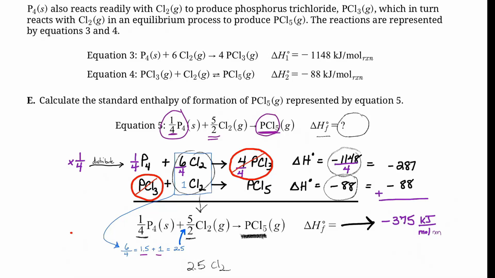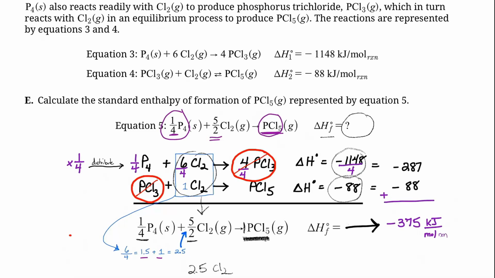Remember, in heat of formation reactions, we want to make 1 mole of the compound and measure that energy, which goes into tables that you have probably used in other problems, where the delta H of a reaction equals the sum of the heats of formation of the products minus the reactants. In any case, if you were ever to write a heat of formation reaction, you need to make it equal to 1 mole of these products here, and then of course you're going to have fractions inevitably for a lot of reactions.